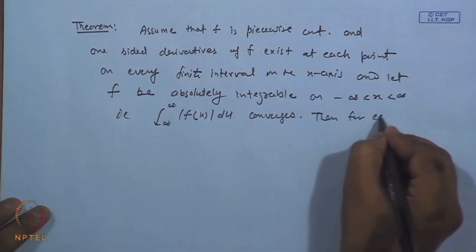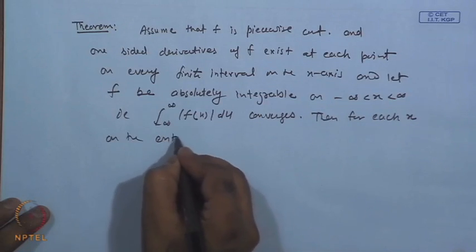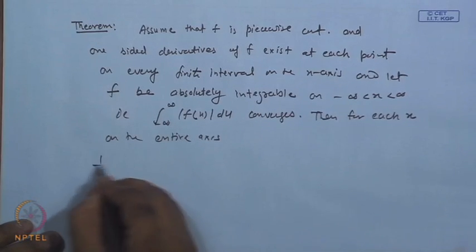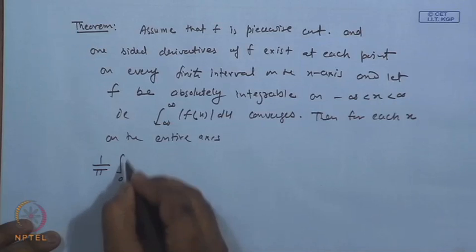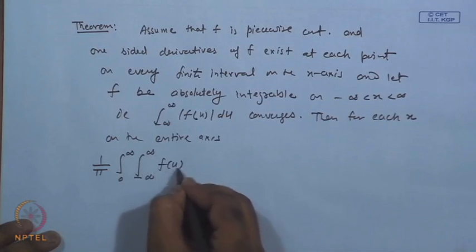Then for each x on the entire axis, what we have is this 1 over pi, 0 to infinity, minus infinity to plus infinity, and I am writing again in this compact form.